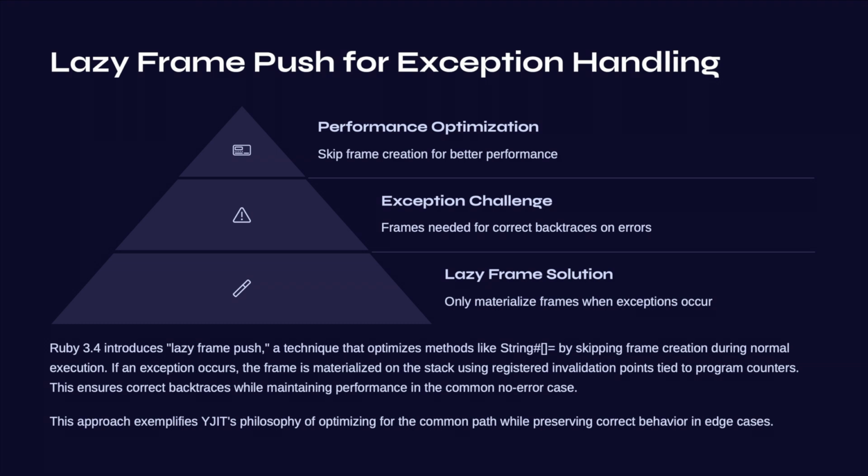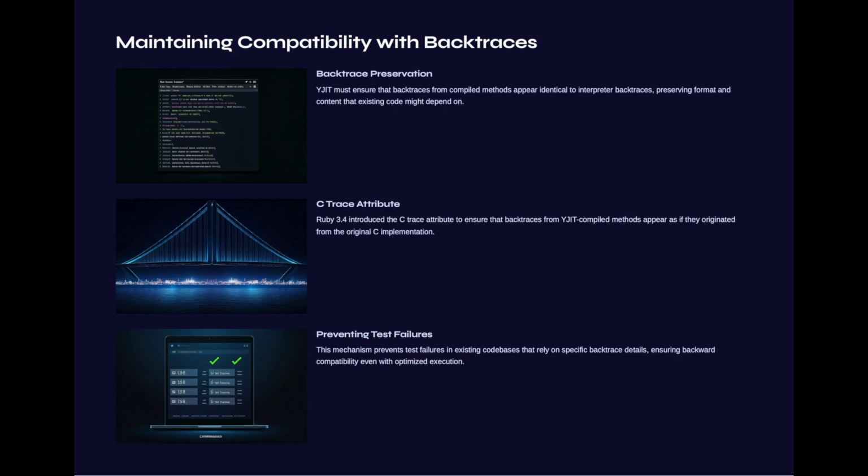So Ruby 3.4 introduced lazy frame push. Yeah, here's how it works. If YJIT is running inline code, and it hits a situation that would cause an exception, like the invalid index in setbyte, the very first step is usually allocating the exception object itself. Oh. That allocation process now triggers a special hook inside YJIT. This hook looks at the current location in the program counter.